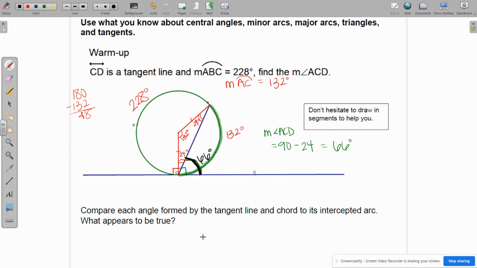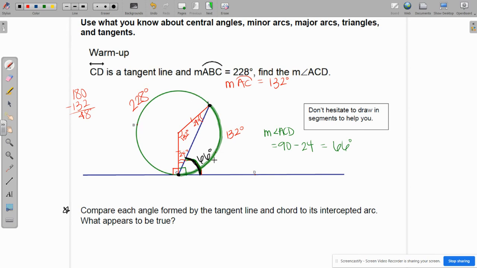You might be wondering where we're going with this, but let's write this up right here. It says compare each angle formed by the tangent line and the chord, so this original chord right here, which is the segment CA, to its intercepted arc. What appears to be true? The angle that's formed by the tangent line and the chord was this angle right here, and I can see that this angle intercepts this arc right here, again arc AC.